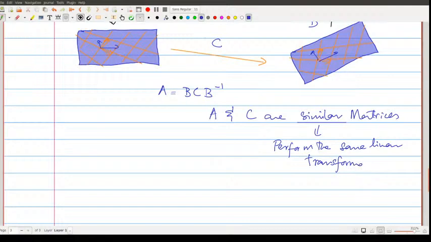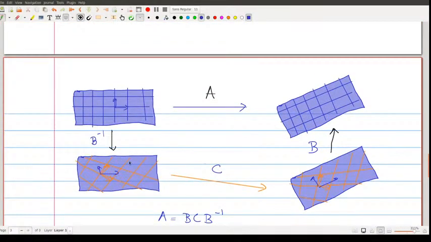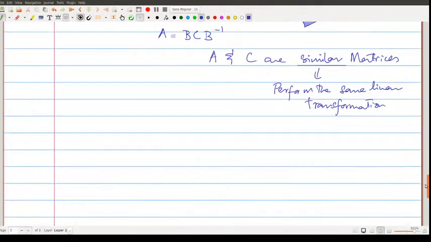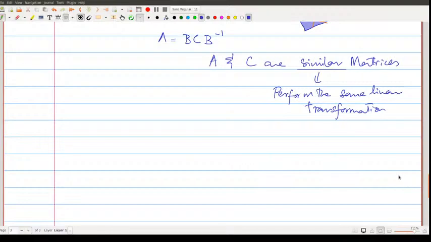The reason is that they're both doing the same transformation but under different bases. The C matrix was transforming the space under a different basis, and the A matrix was transforming the space in another basis. Okay, so that's another application of diagonalization.